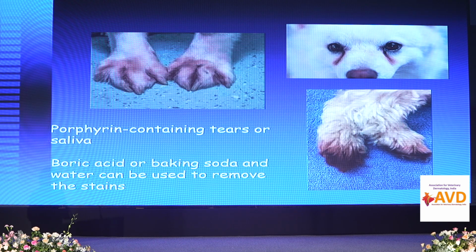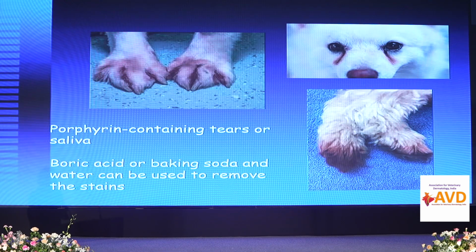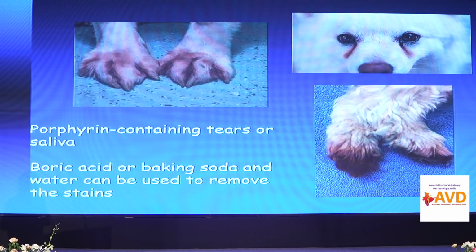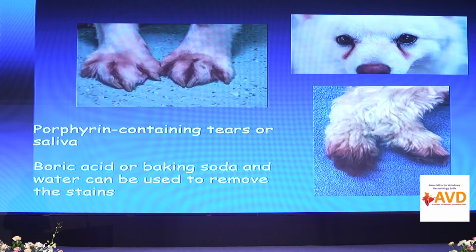So these are good cases to do cytology. You can stick a tape in the nail bed of those dogs, stain it, look for Malassezia. In my experience, these dogs typically need systemic treatment with antifungals. It's hard to treat them topically. Many of them would need, in my experience, either itraconazole or terbinafine.